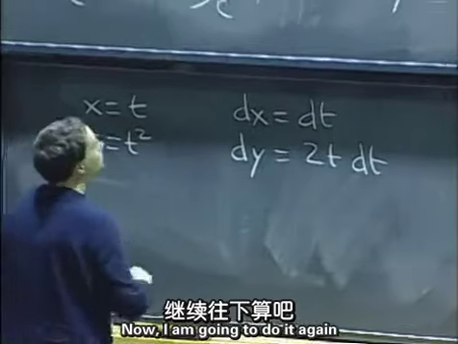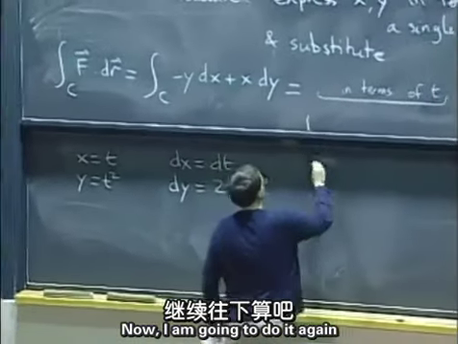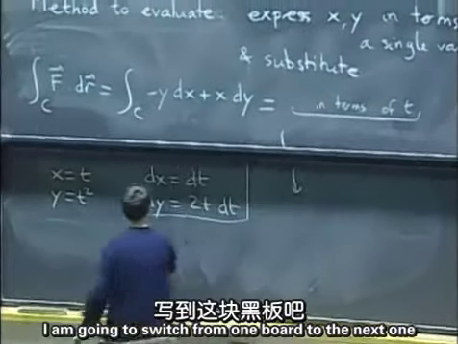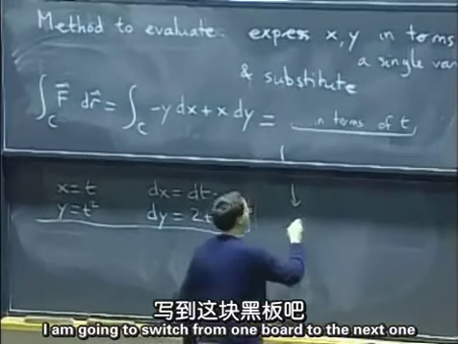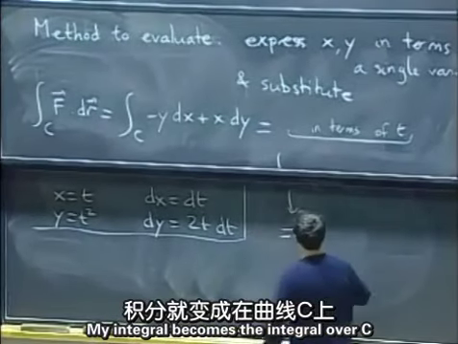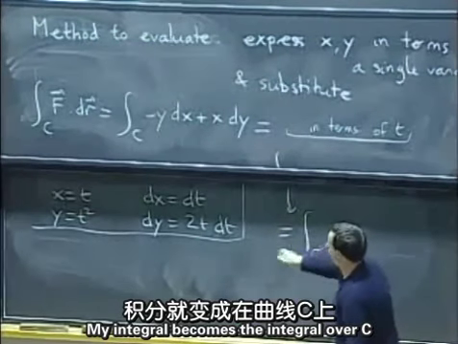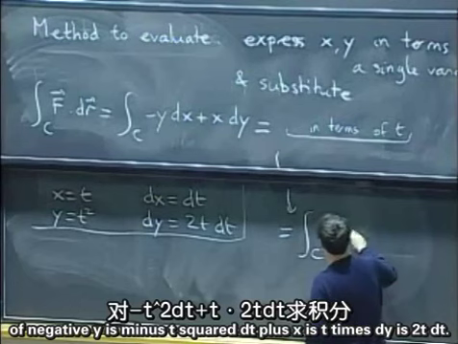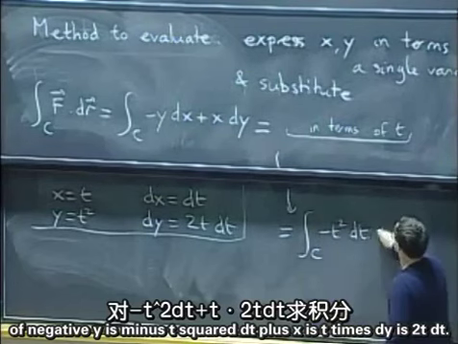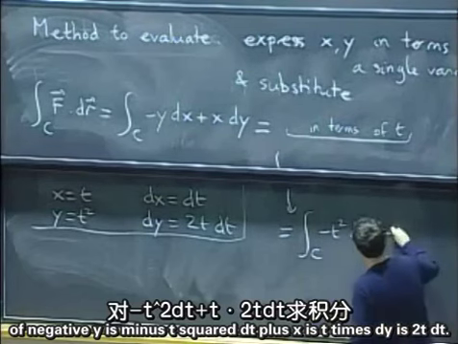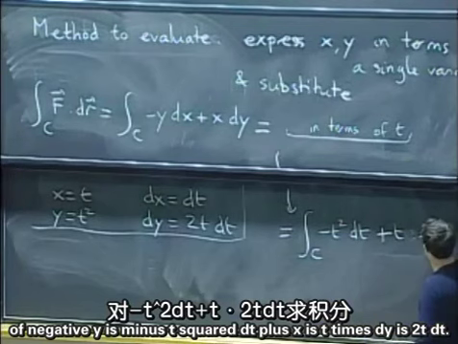So now, I'm going to switch from one board to the next one. My integral becomes the integral over C of negative y, which is minus t squared dt, plus x, which is t, times dy, which is 2t dt.